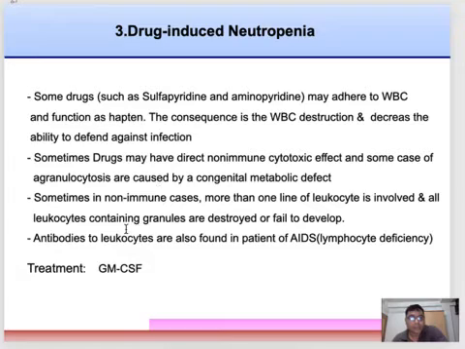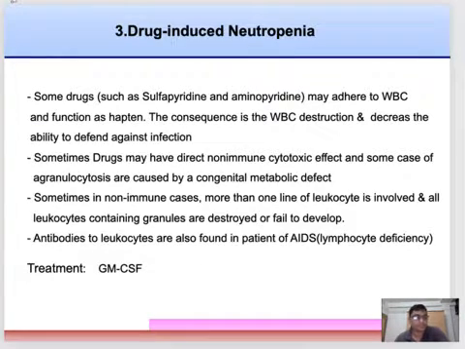Antibodies to leukocytes are also found in some diseases, for example AIDS. The treatment for drug-induced neutropenia is a growth factor such as GM-CSF. Usually growth factors induce the proliferation of the cells of our body.